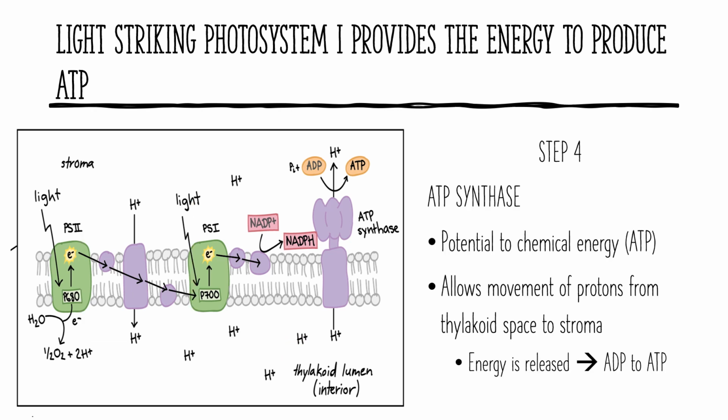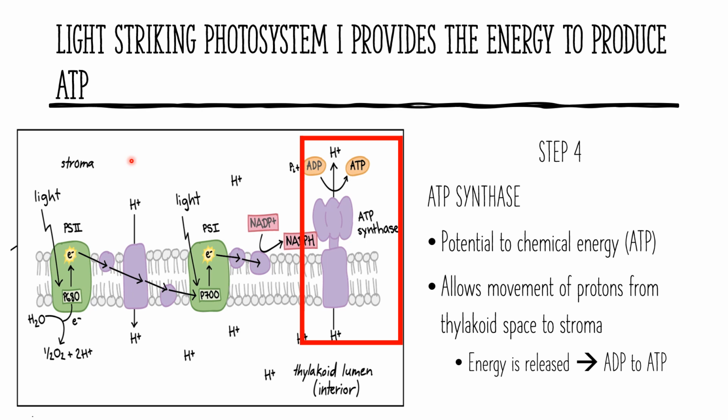Next, we have ATP synthase. ATP synthase is the enzyme complex that transforms the gradient's potential energy into chemical energy in the form of ATP. A channel in the ATP synthase allows protons trapped inside the thylakoid space to return to the chloroplast's stroma. As the gradient dissipates, energy is released.